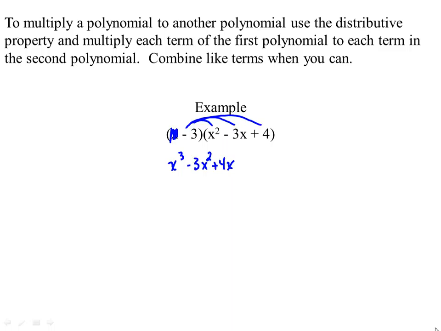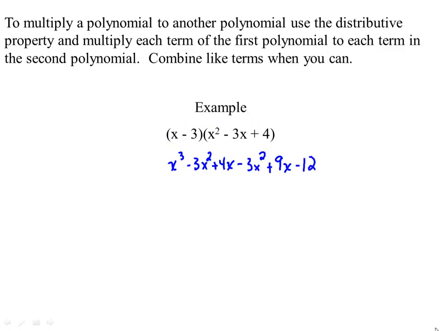So hopefully you're coming up with negative 3x squared, positive 9x, minus our negative 12. Don't forget your sign rules, okay? Positive times negatives and negative times negatives and so on and so forth.